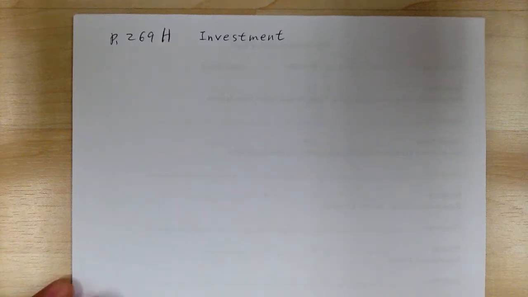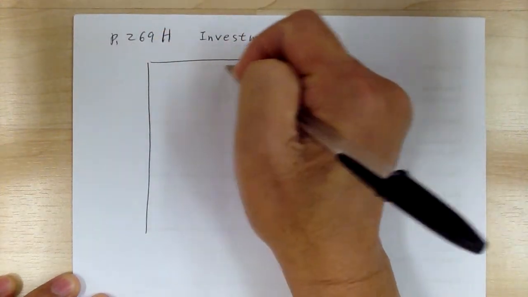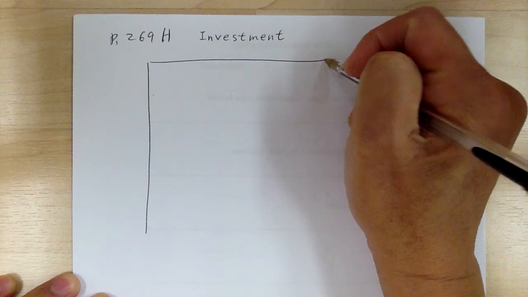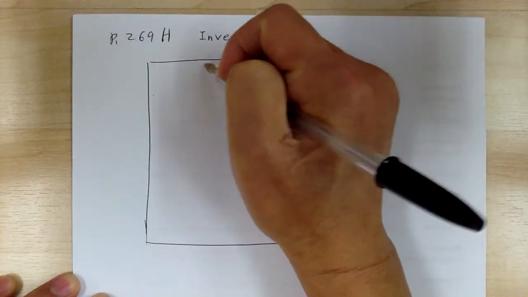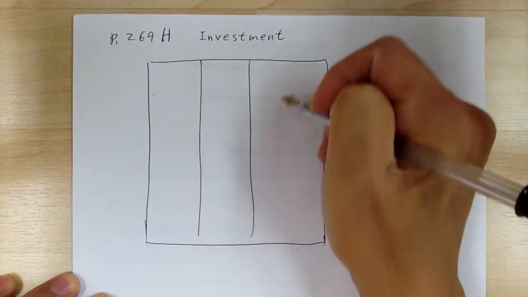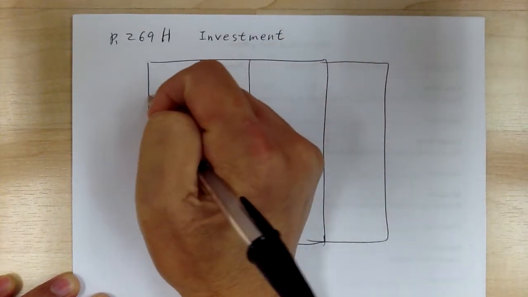So when you read a problem, once you find out that it's an investment problem, you need to make a table. So the table that you need for an investment problem is going to be a little bit big, okay, so four columns.